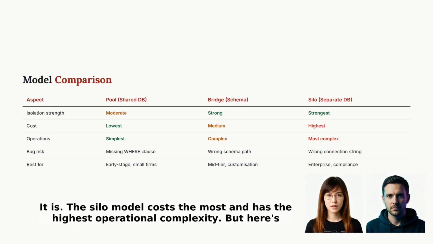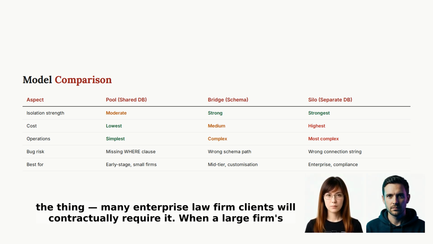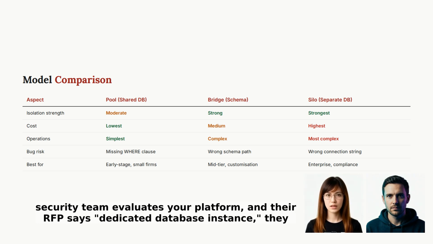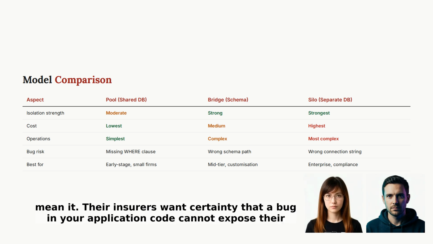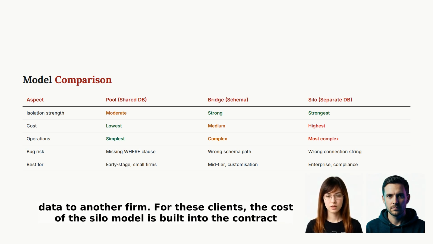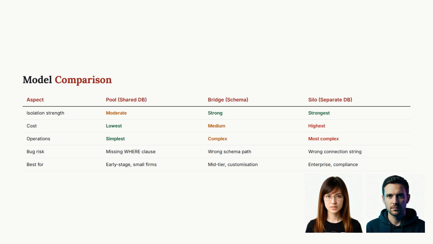It is. The silo model costs the most and has the highest operational complexity. But here's the thing. Many enterprise law firm clients will contractually require it. When a large firm's security team evaluates your platform, and their RFP says dedicated database instance, they mean it. Your insurers want certainty that a bug in your application code cannot expose their data to another firm. For these clients, the cost of the silo model is built into the contract price.